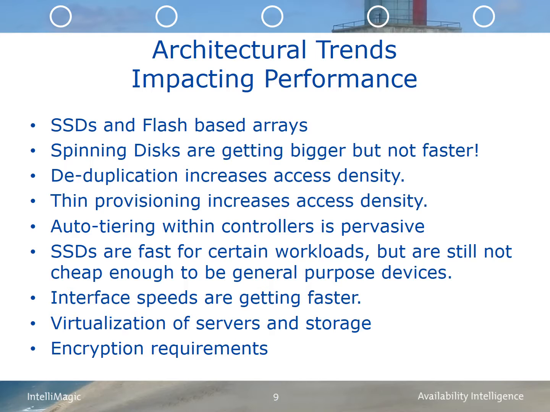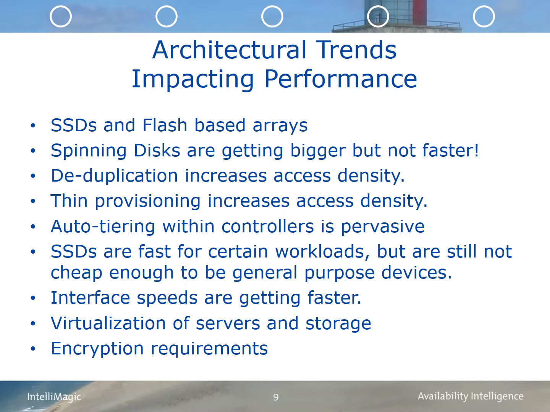We've seen that SSDs are really fast for certain workloads, particularly random read and random read miss workloads. And the auto tiering technologies are taking advantage of those as well. But we also see that they're not general purpose devices. So they're not necessarily better for everything.